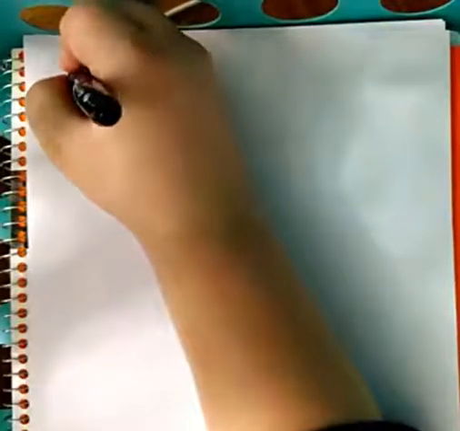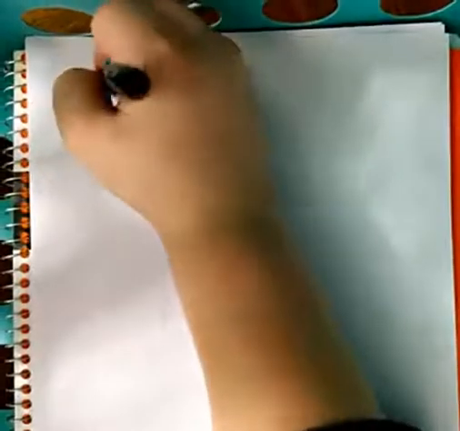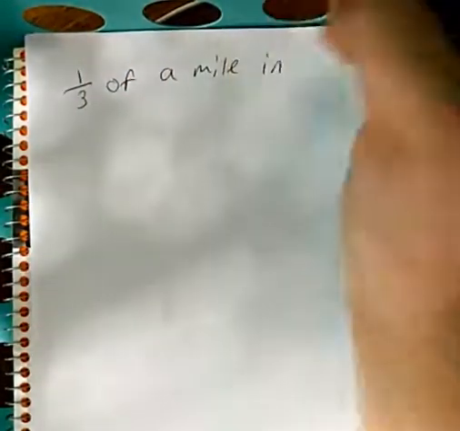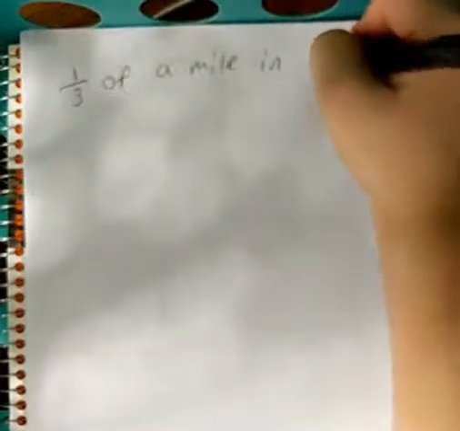Okay, number 4. It says a hyena can run 1/3 of a mile in 12.2 seconds.